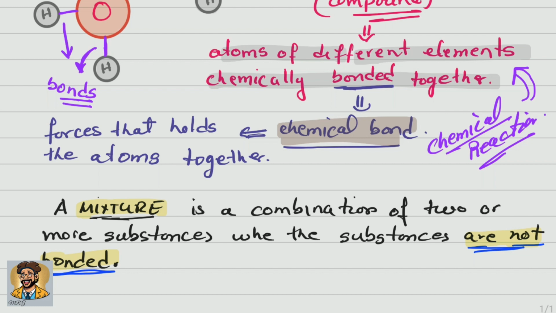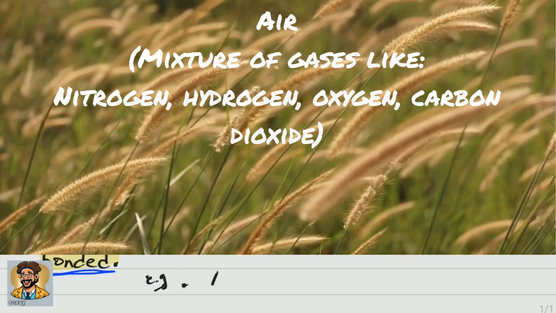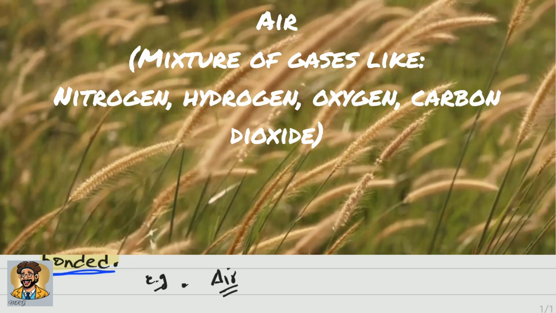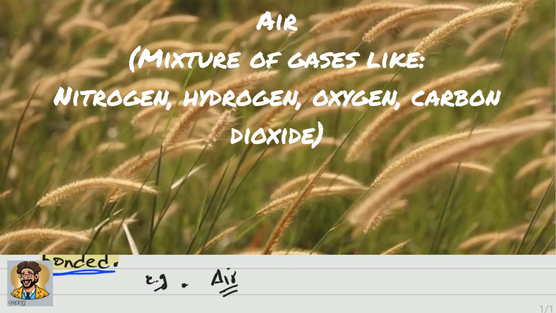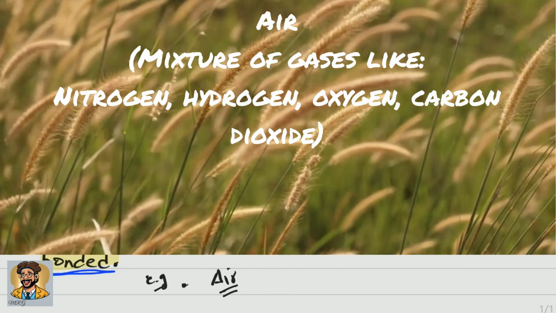For instance, when you make coffee in the morning, that is a mixture. You are mixing water, milk, and coffee, but that is a mixture because those substances are not chemically bonded. They can be separated back, guys. There is a process in which you can separate all those substances back. Some examples of mixture are air, which is the combination of some gases, for example nitrogen, oxygen, and carbon dioxide.